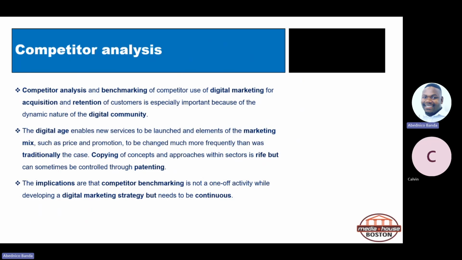So you need to make sure that if you are copying someone's stuff, if it's copyrighted material, you can be in trouble for that because that's illegal, that's plagiarism. So marketers cannot just copy content from their competitors because they can be sued for that. So the implications are that competitor benchmarking is not a one-off activity while developing a digital marketing strategy, but needs to be continuous.